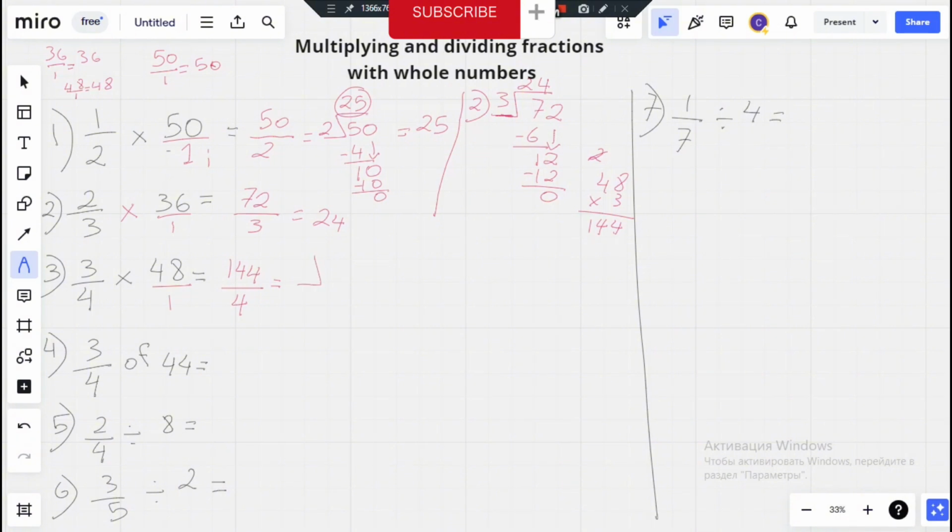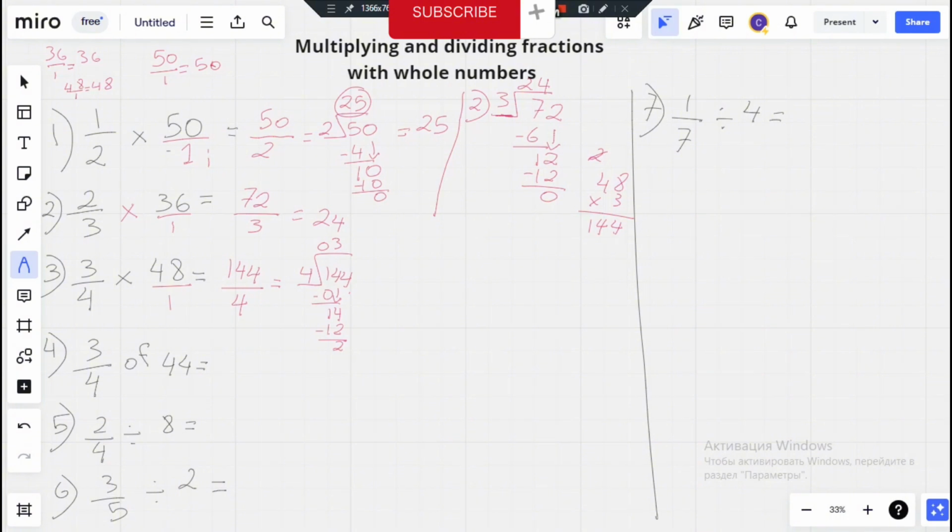How do we do that? Just like this. How many 4s can you put in 1? That's 0. 0 times 4, that's 0. 1 minus 0, that's 1. Bring down the 4. How many 4s can you put in 14? 3. 3 times 4, that's 12. 14 minus 12, that's 2.